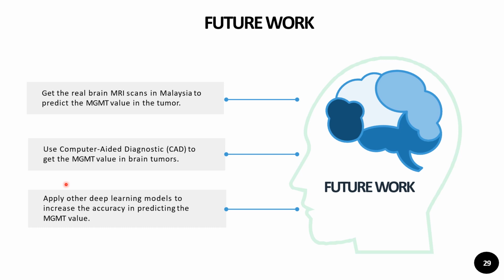We also plan to use computer-aided diagnosis to get the MGMT value in brain tumors. So we will develop a graphical user interface, the GUI, to get the MGMT value for brain tumors. And we also plan to apply other deep learning models to increase the accuracy in predicting the MGMT value.